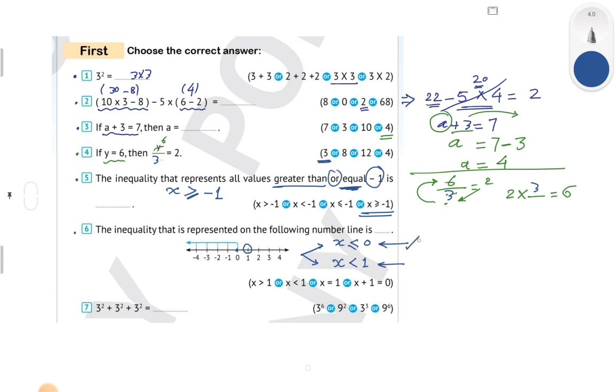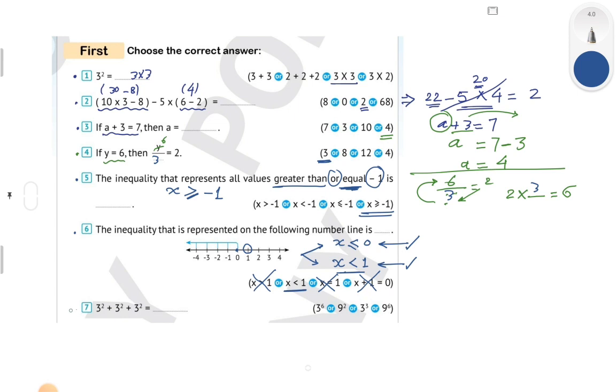Okay, this is correct and another correct answer. Now search x greater than 1? No. x less than 1? Yes, x less than 1. x equals 1? It's an equation, of course not. x plus 1 equals 0 is false.